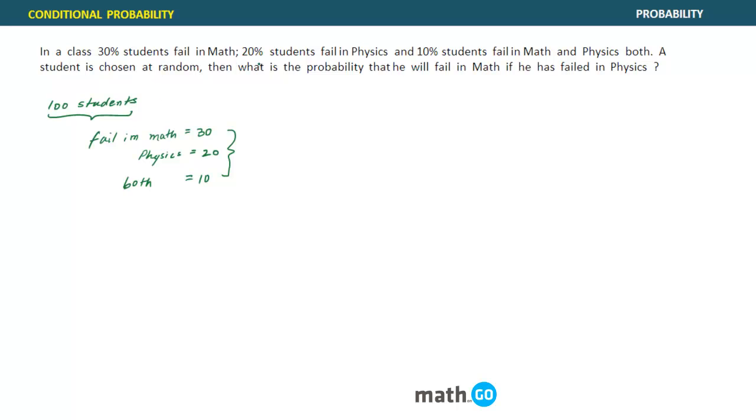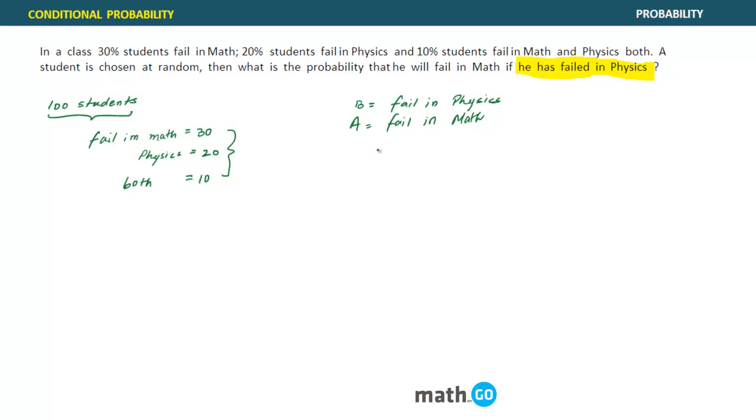A student is chosen at random, then find the probability that he will fail in maths if he had failed in physics. If he has failed, that means it has already occurred. So that is a hint that this is a conditional probability. Let event B be fail in physics, and event A be fail in math.